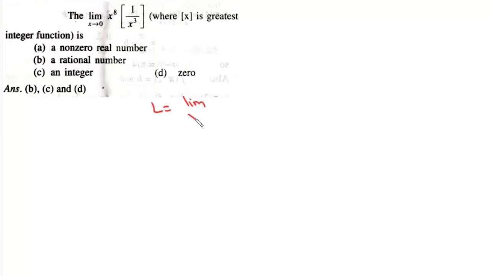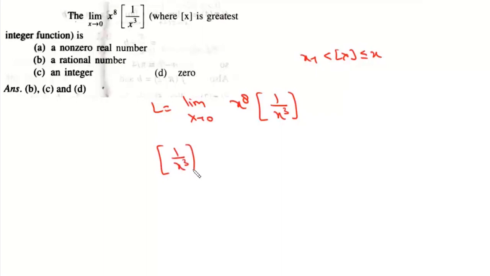Limit as x tends to 0 of x to the power 8 into the greatest integer function of 1 by x cube. Now we know that the greatest integer function of x is always less than or equal to x, but it is greater than x minus 1. So we can write that the greatest integer function of 1 by x cube is less than or equal to 1 by x cube, but greater than 1 by x cube minus 1.